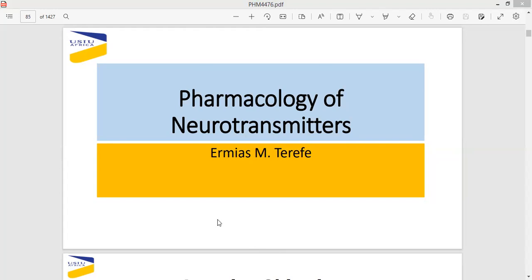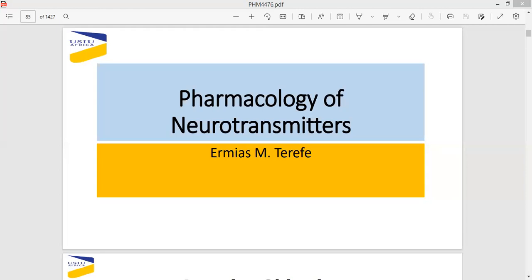So before we go to the pharmacology of neurotransmitters, there are some critical parts that we need to look at. We haven't mentioned the structure of a nerve and how an action potential is transmitted, all of those things. But before we go into that, there are generally two types of cells in the brain: the neurons, and the helping cells.